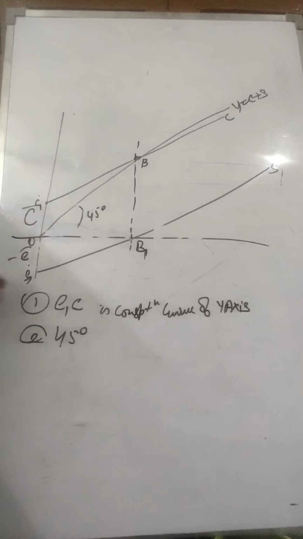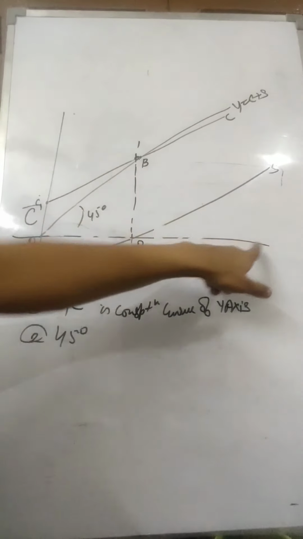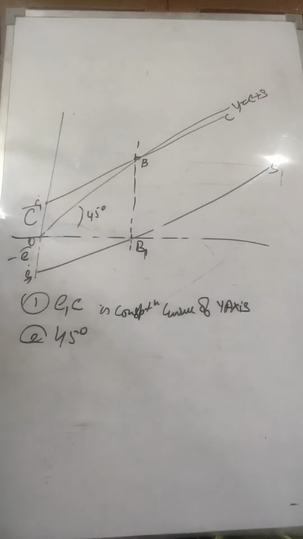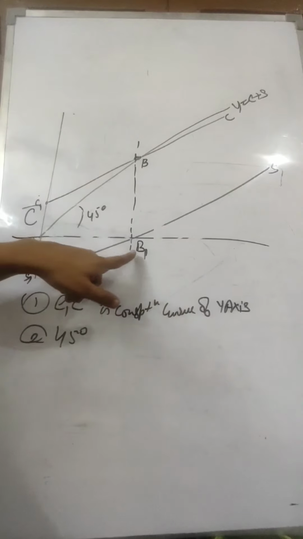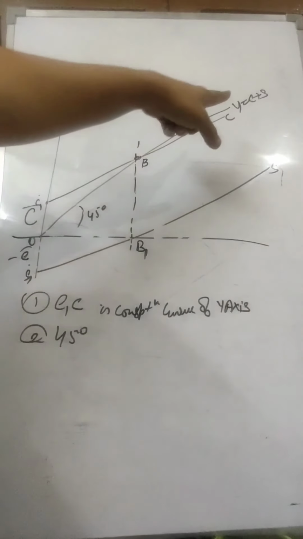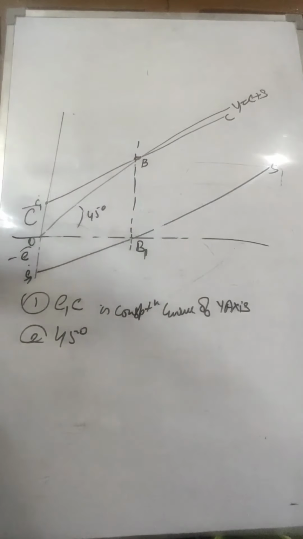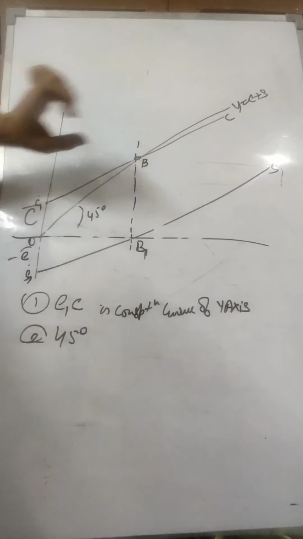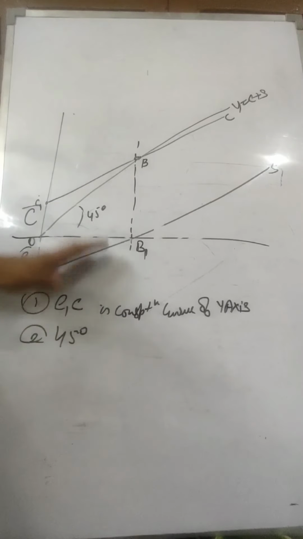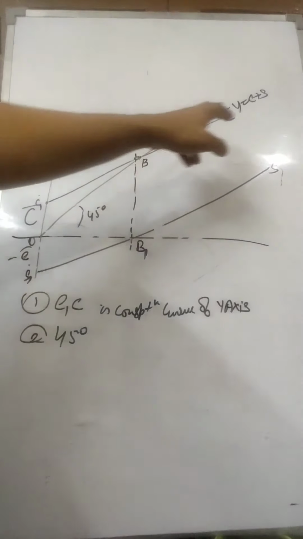First I will draw this minus C bar, and then from minus C bar I will take the S1 point, which intersects my x-axis at B1 point, and stretch it to S. Then from the point intersected on the x-axis, I will draw a perpendicular that passes through my OY line at B point, and from there I will draw a line parallel to the SS1 line, which I will draw as the C1C line.